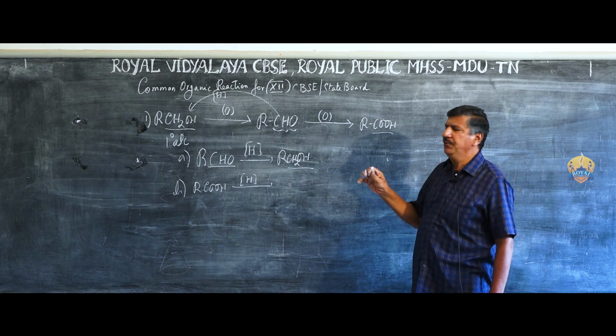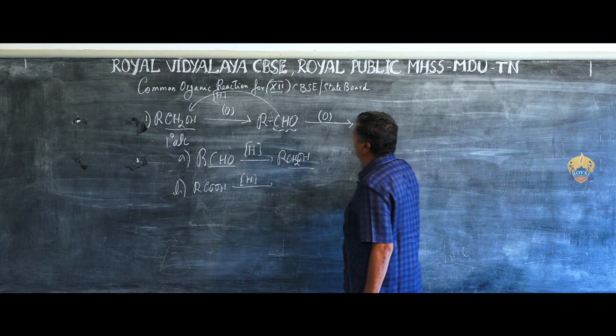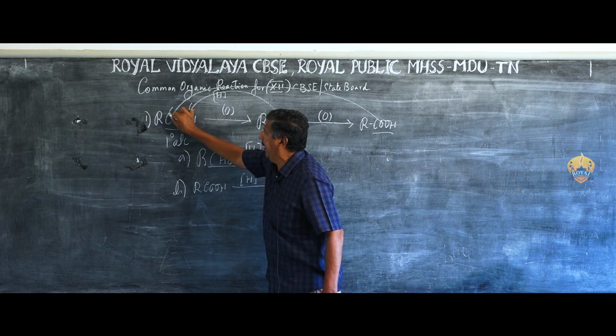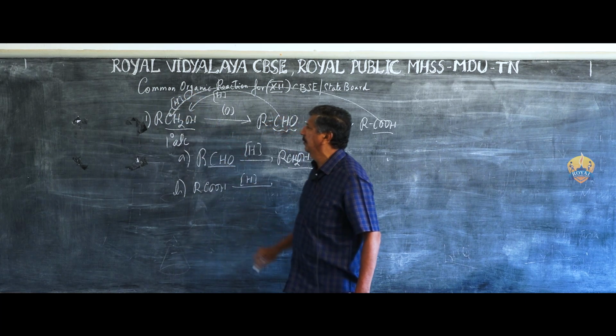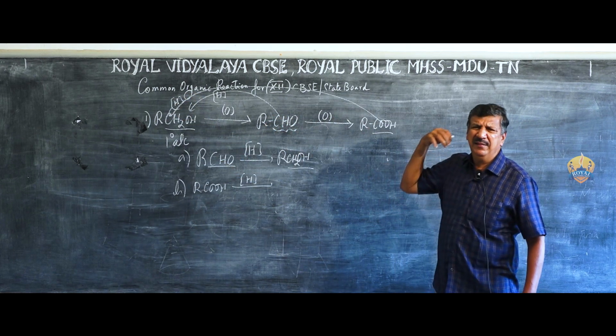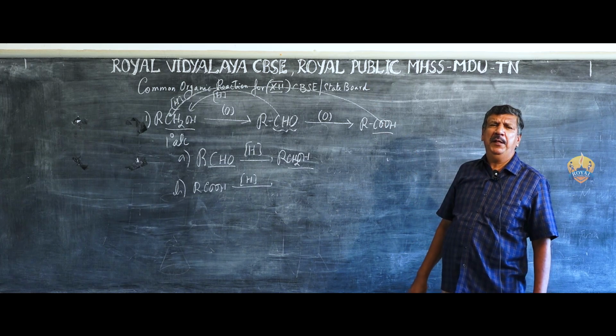Experimentally, what happens? Acid also converted into primary alcohol. It also goes back entirely into the primary alcohol.